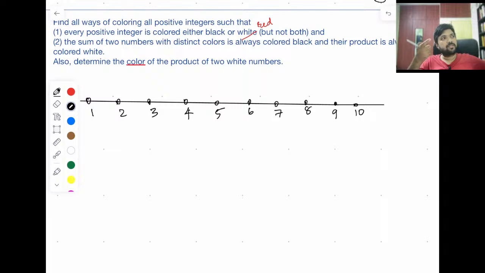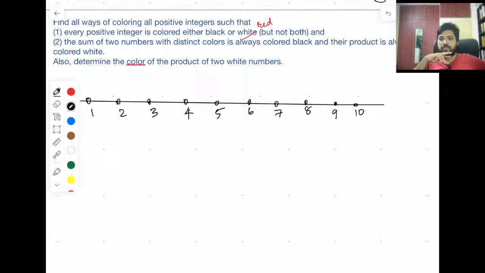That doesn't satisfy this. Two distinct odd numbers add to even. According to the problem, it should be colored black, but according to you, it's colored white.